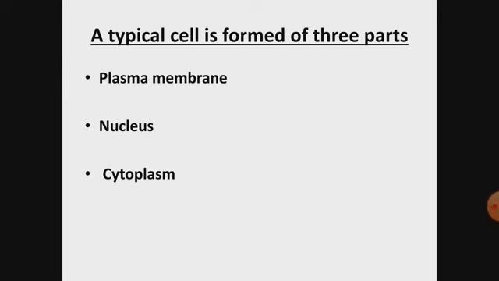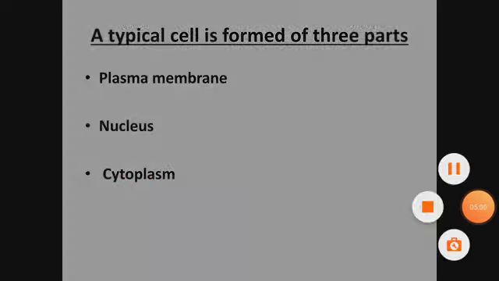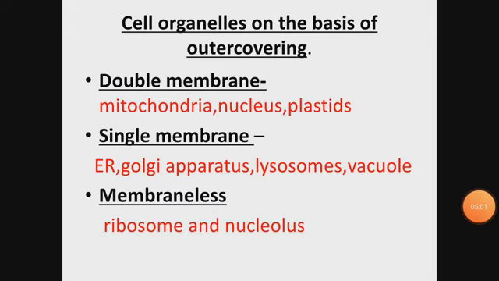Now a typical cell has majorly three parts. One is plasma membrane, second nucleus, and third one is cytoplasm. You see, I have given this slide. Cellular structures which are present in the cytoplasm are called cell organelles. They can be divided into different groups on the basis of their outer covering.